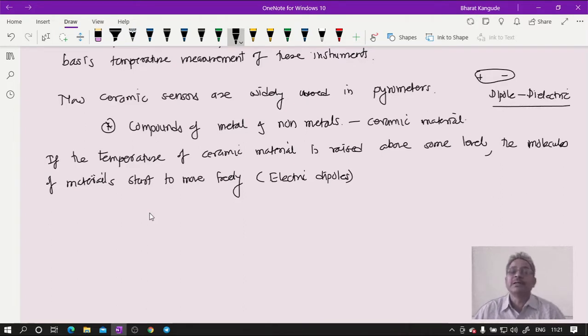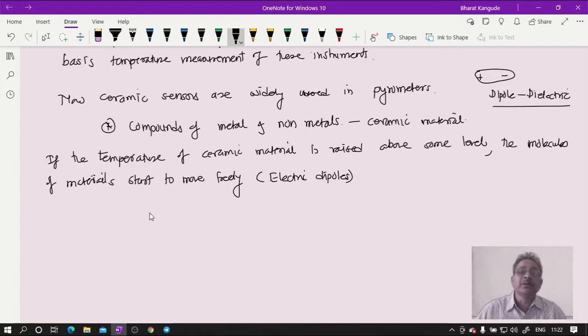Now whenever there is a very low temperature or ambient temperature, or a temperature less than the Curie temperature, the directions of the dipoles are random, and therefore the total electric charge over that material is simply zero. But whenever temperature is increased, these dipoles try to align in a particular direction, giving rise to a certain electric field inside this material, and that is called pyroelectricity. We are going to write this as well.